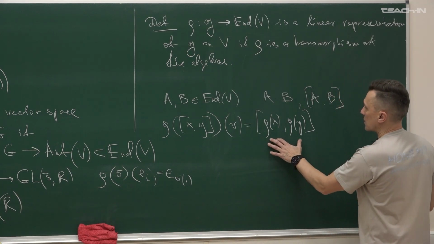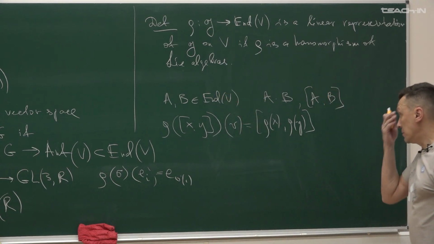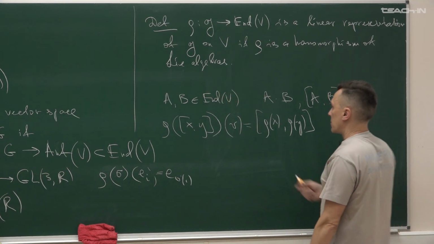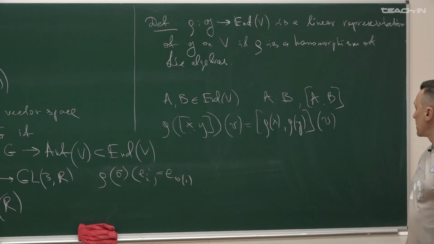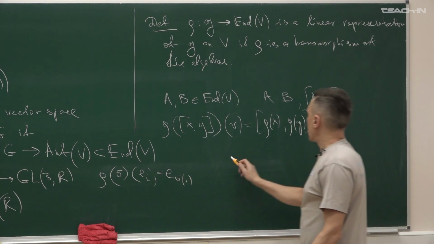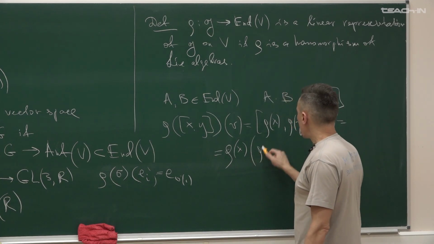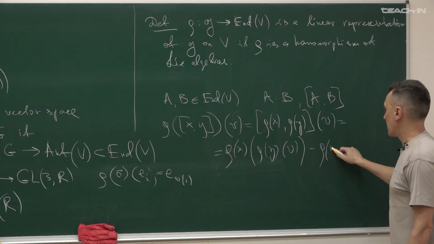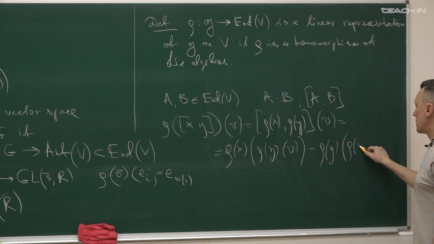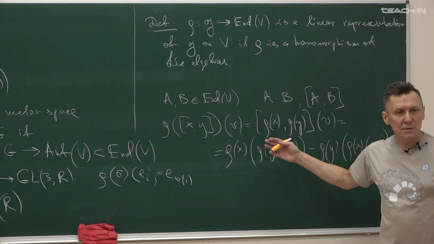So here it's the commutator of linear operators as elements of this space of linear operators, applied to v, or if you like, rho of x applied to rho of y applied to v minus rho of y applied to rho of x applied to v. So this is the commutator of linear operators on the space V.